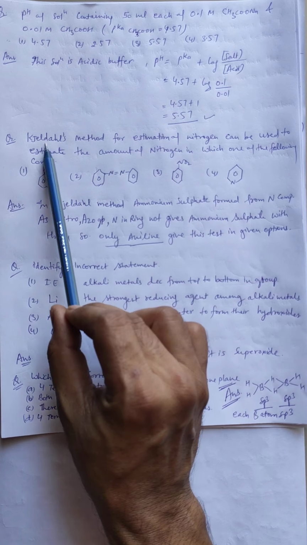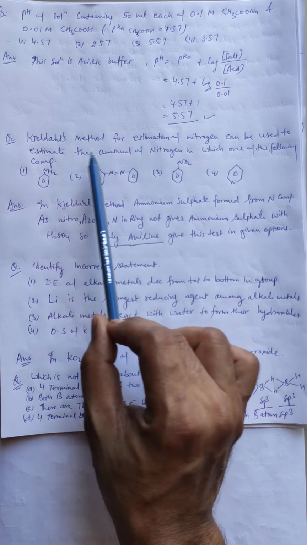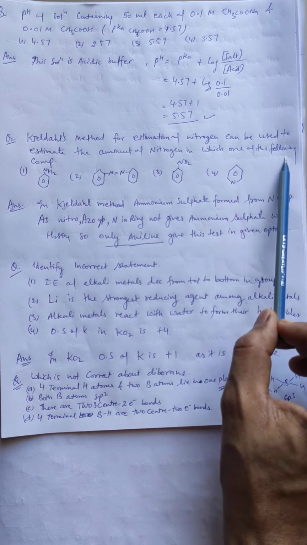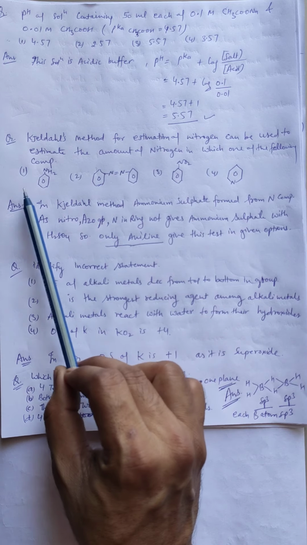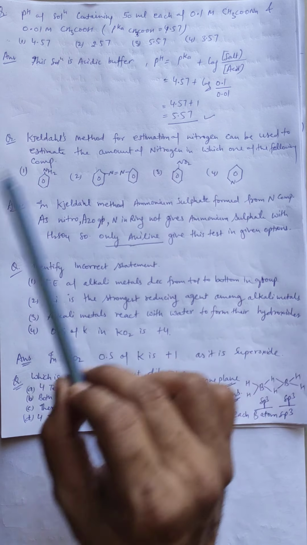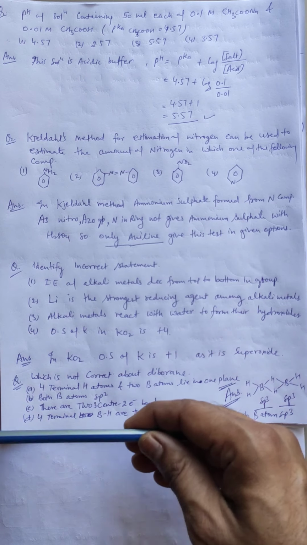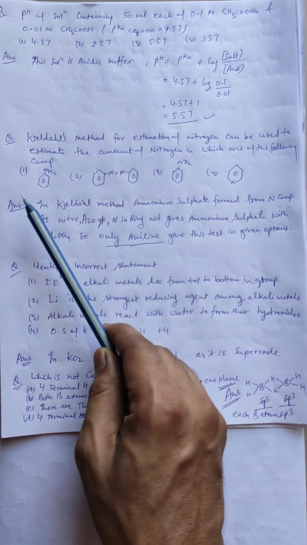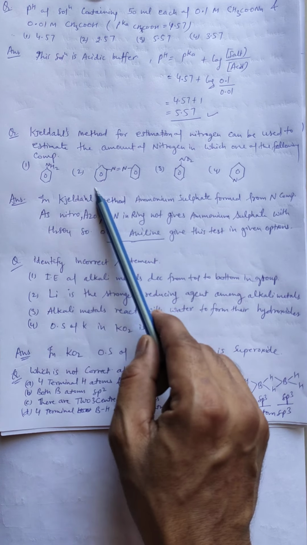Now the next question is, Kjeldahl method for estimation of nitrogen can be used to estimate the amount of nitrogen in which one of the following compounds. So if you are going to see, among these, Kjeldahl method is for nitrogen estimation, and nitrogen gas evolves from the aniline, not from the azo compound.